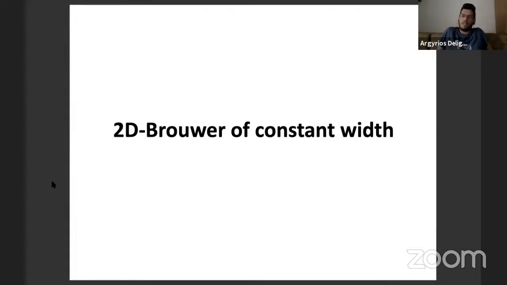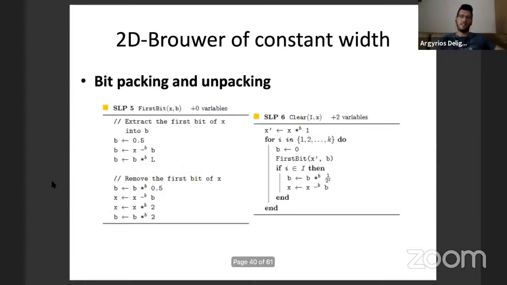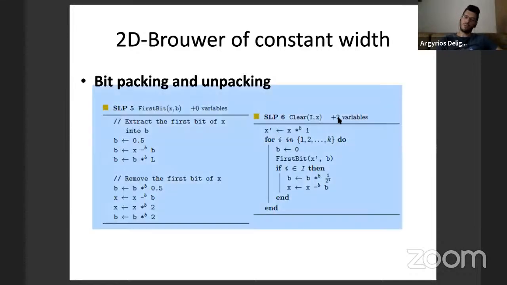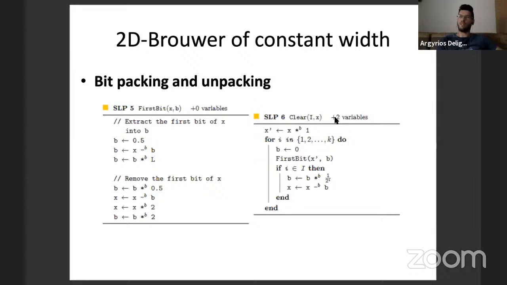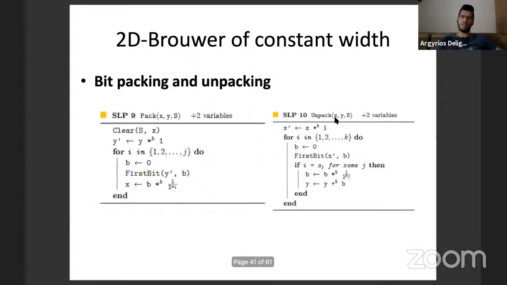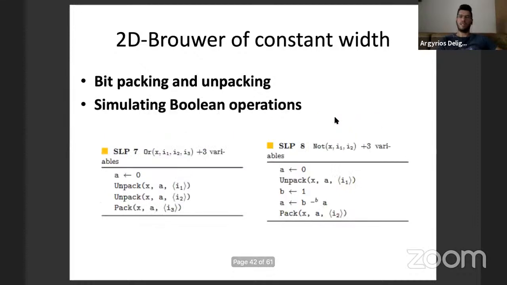In order to do this, we had to define some gadgets and do computations at a very low level, and we had to count the number of variables that we needed, because in the end, the number of variables would correspond to the number of strategies.